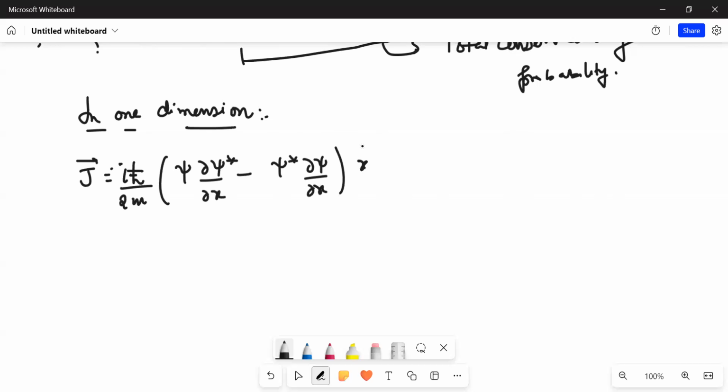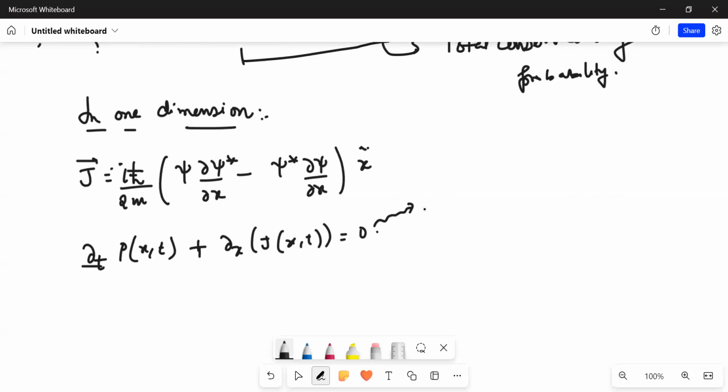And if you want, you can write x cap as well. Instead of del by del t, I'll simply write del t. Probability as a function of x and t instead of r and t. And instead of del by del x, I'm just writing del x, so that this is equal to 0.